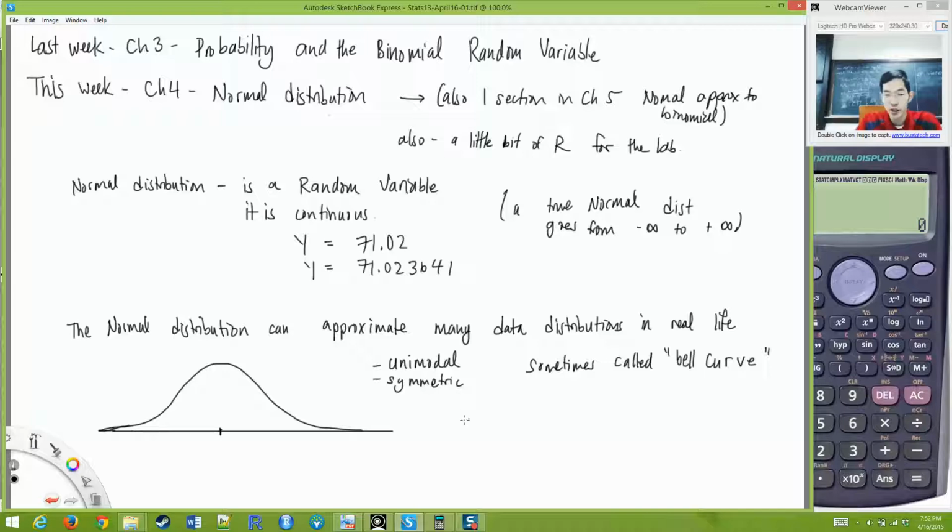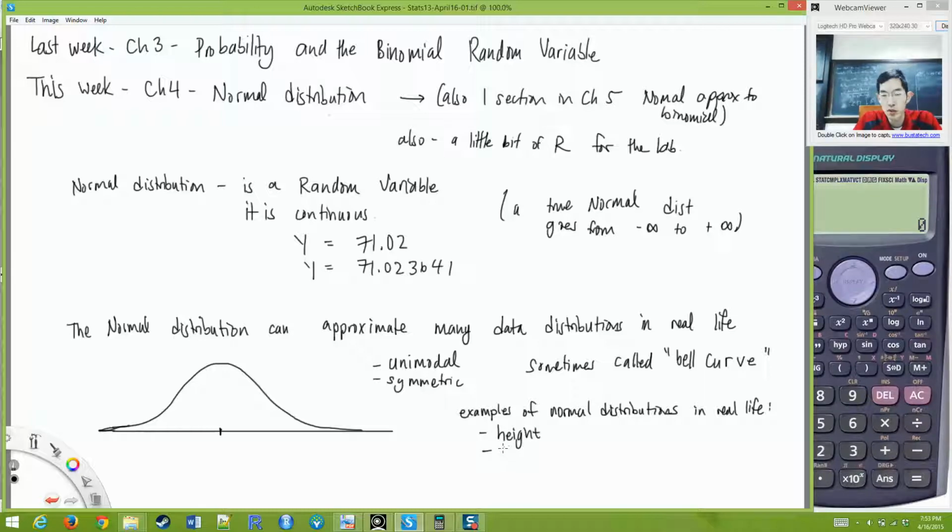Okay, so here are examples of approximately normal distributions from real life. Height values are approximately normal.